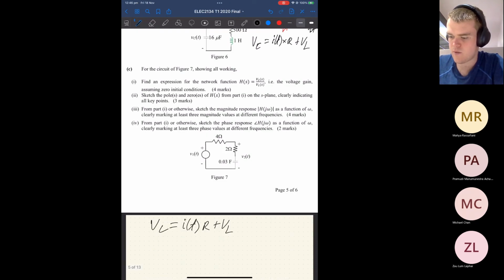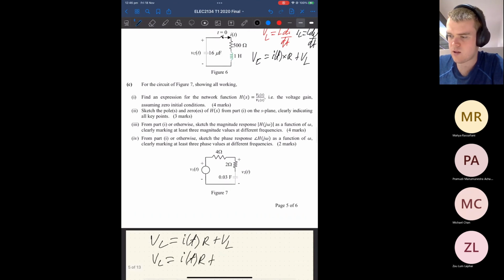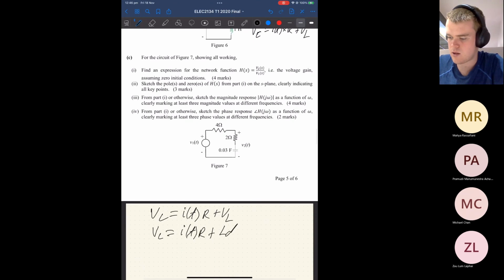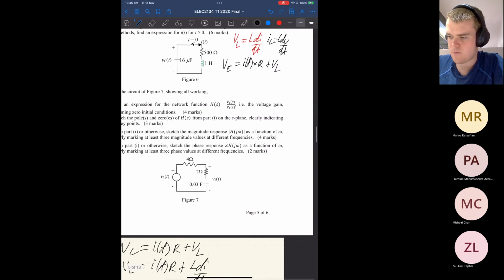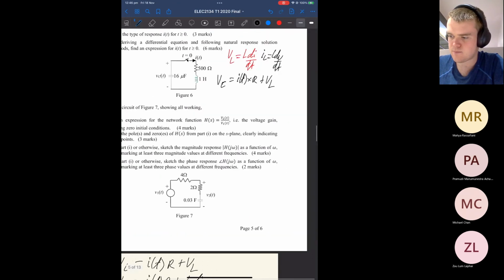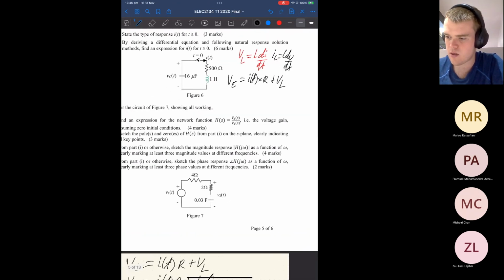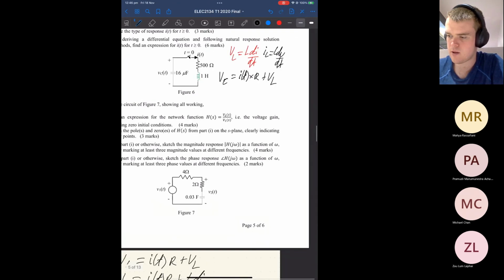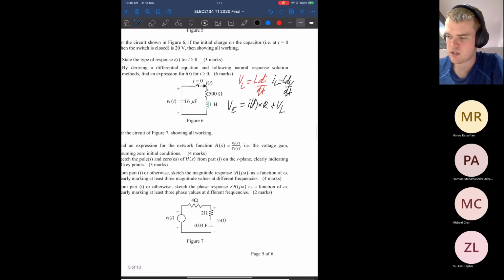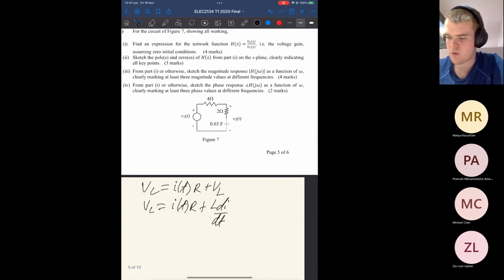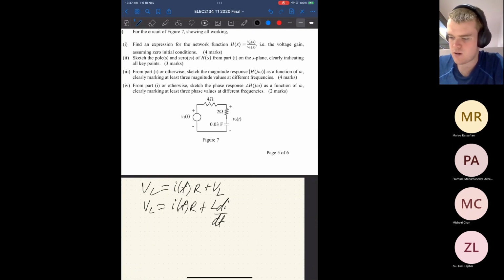Now we know that the current through the capacitor is equal to C dV/dt, so we take the derivative of both sides.